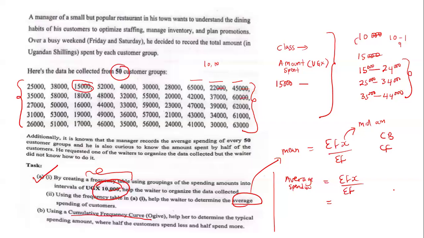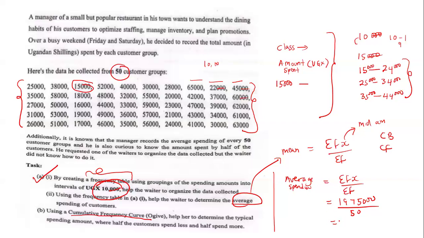So here, what Favor got was 1975000 divided by our 50. And from the calculator I have here, calculate and also we agree. And you tell me what you're getting.